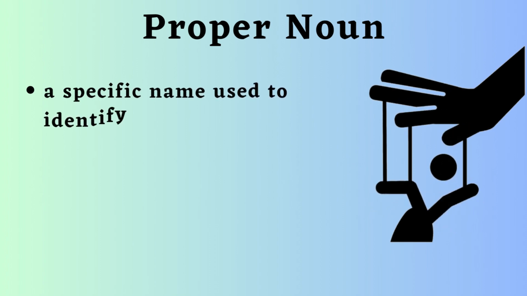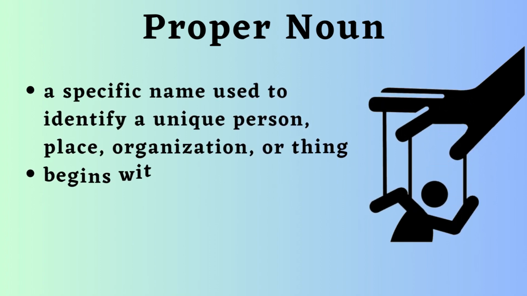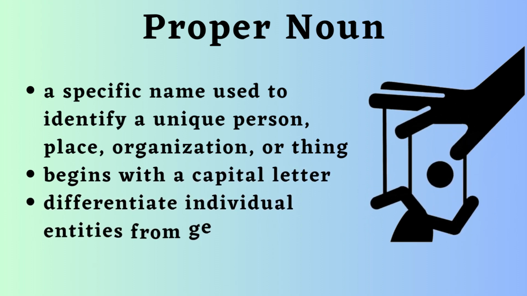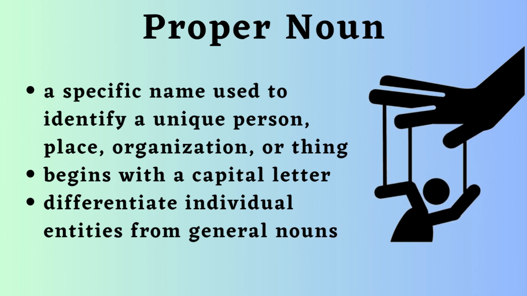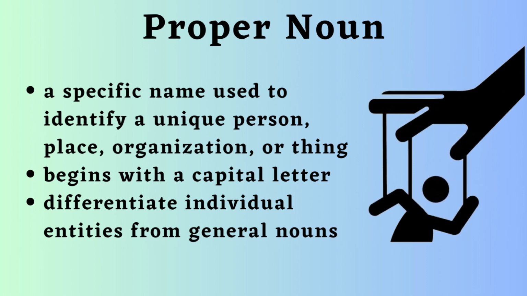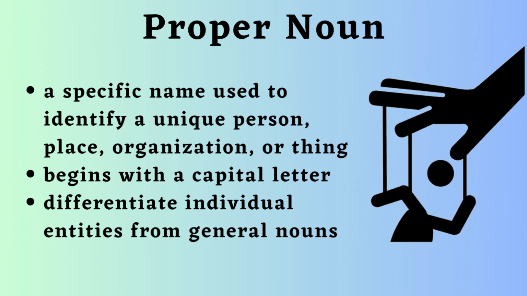Next, we have proper nouns. A proper noun is a specific name used to identify a unique person, place, organization, or thing. It typically begins with a capital letter. Proper nouns differentiate individual entities from general nouns or common nouns.